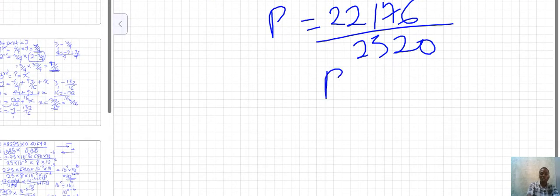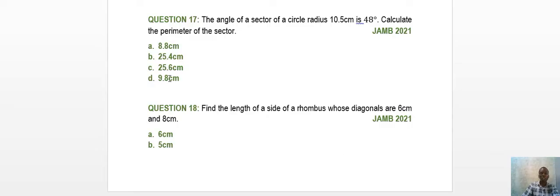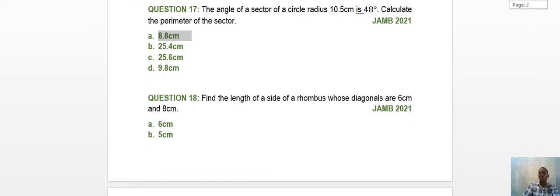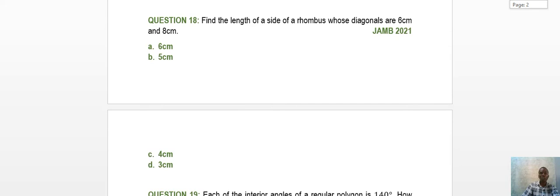So our P will be equal to 8.8. That's the solution we are going to get. Do we have it in the options? Straightforward. The answer is option A, 8.8.